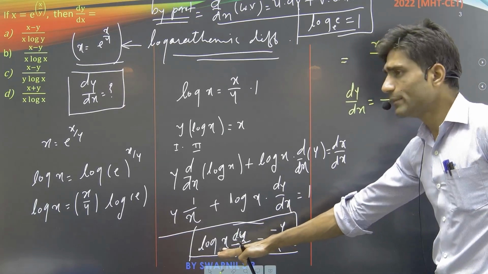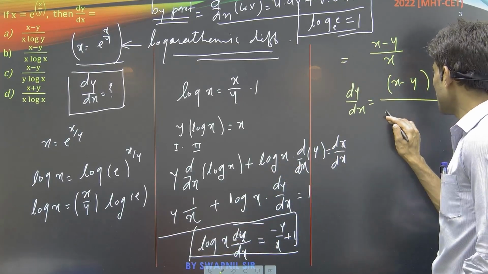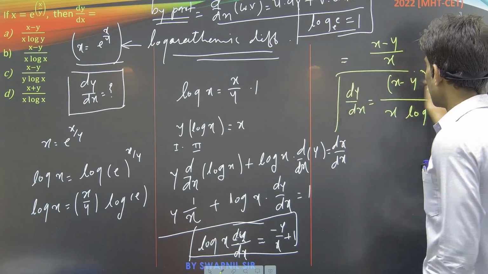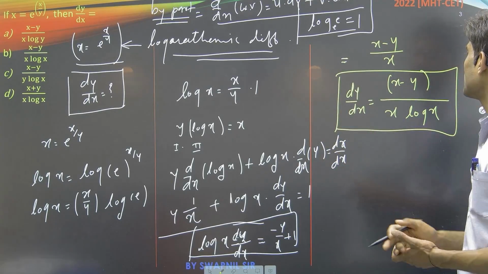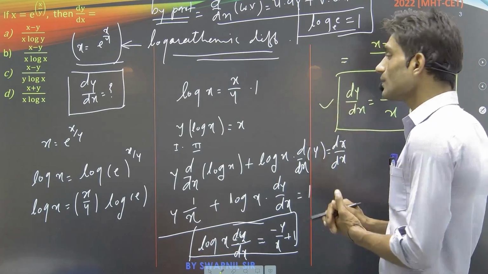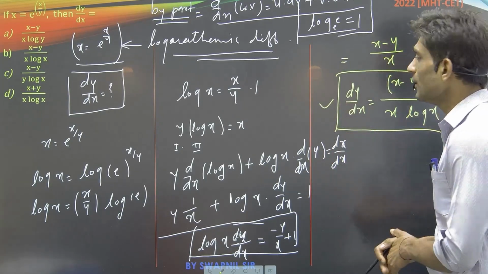Log x, which is a multiplicand here, we take to the other side and get x into log x as the denominator. So dy by dx is equal to x minus y upon x into log of x. This one is our required differentiation from our example.